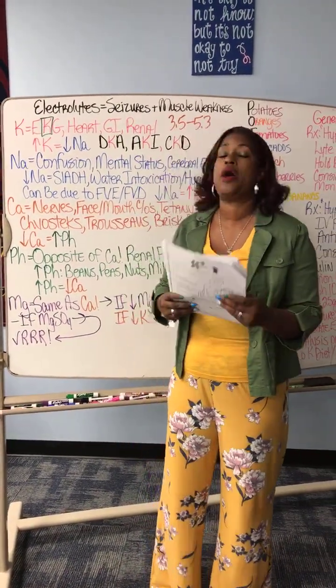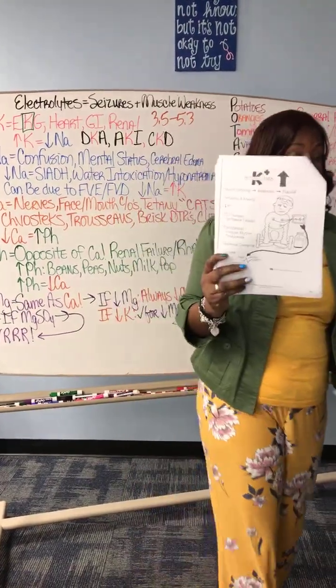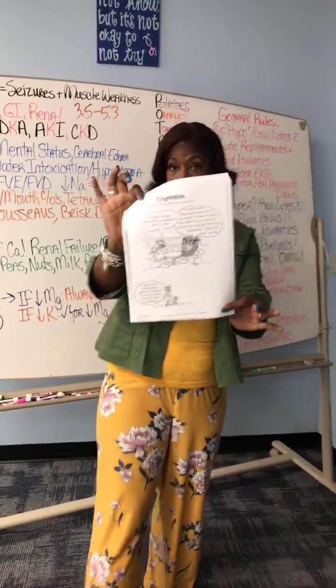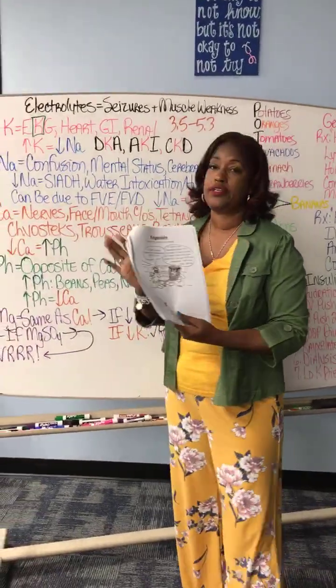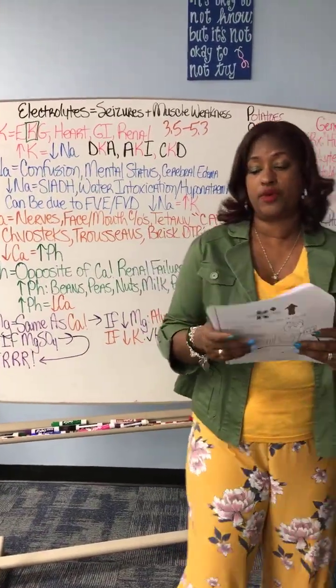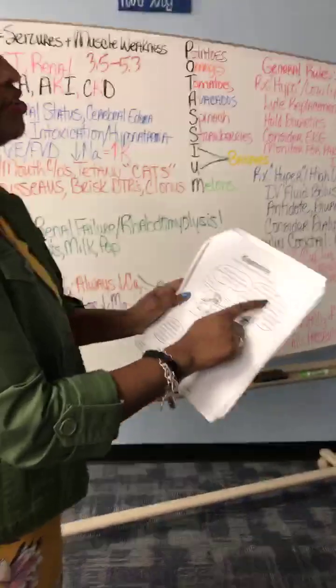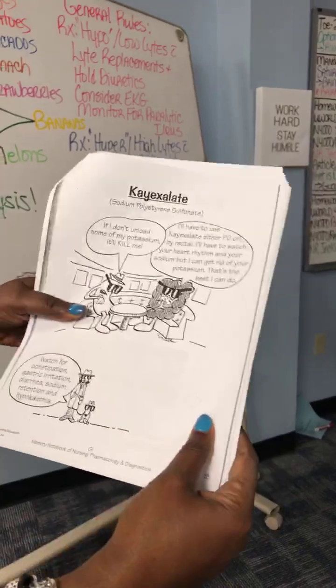Now, I want to show you this packet because it's got a lot of information that we have to know. So we are moving along to the next page, which is Kayexalate. With Kayexalate, we already said it was an enema. Now you just have to remember what you've always known about the enema. And if you can, on this page, just go ahead and highlight rectal, right? So here it is.